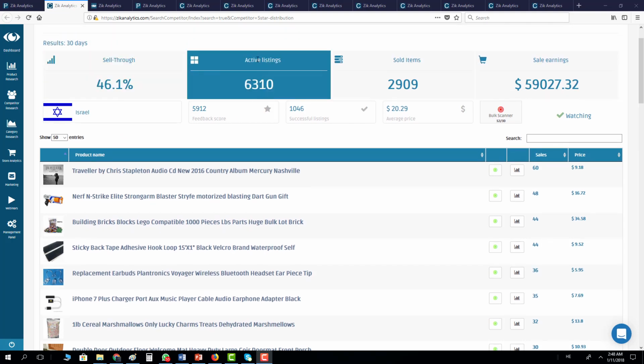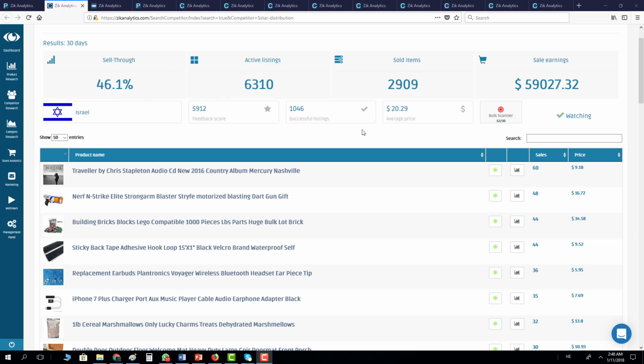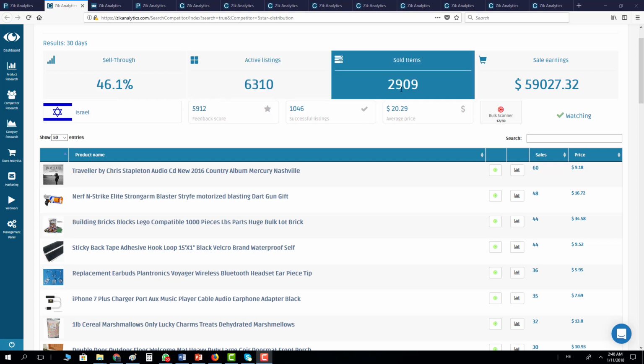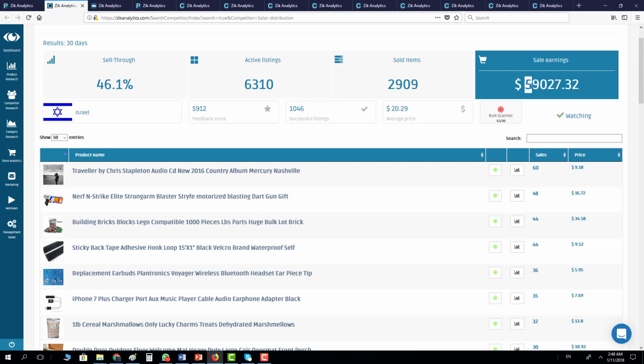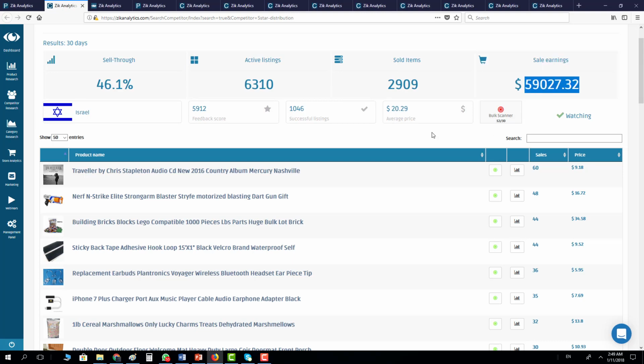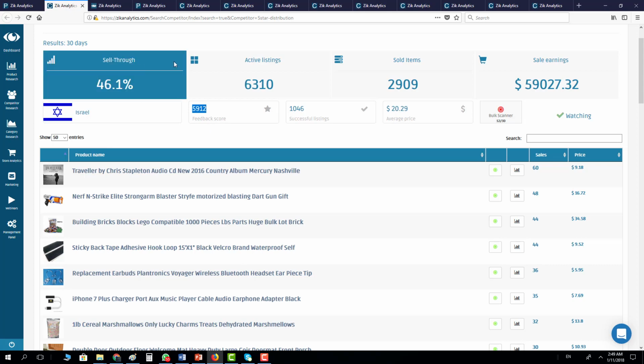It's a total of 6,000 active listings, 2,909 sold items in the last 30 days. Sell earnings is high, 59,000 in total, and $20 average selling price. You have 5,900 active feedbacks. This is an interesting seller by the statistics.